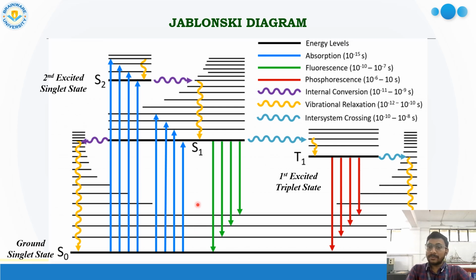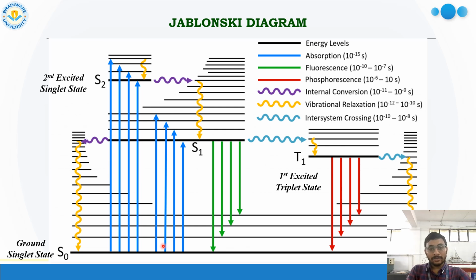These are basically vibrational levels inside electronic energy levels. Every single electronic state is associated with vibrational levels. S0 is associated with vibrational levels, S1 is associated with vibrational levels, S2, T1, all are associated with vibrational levels.